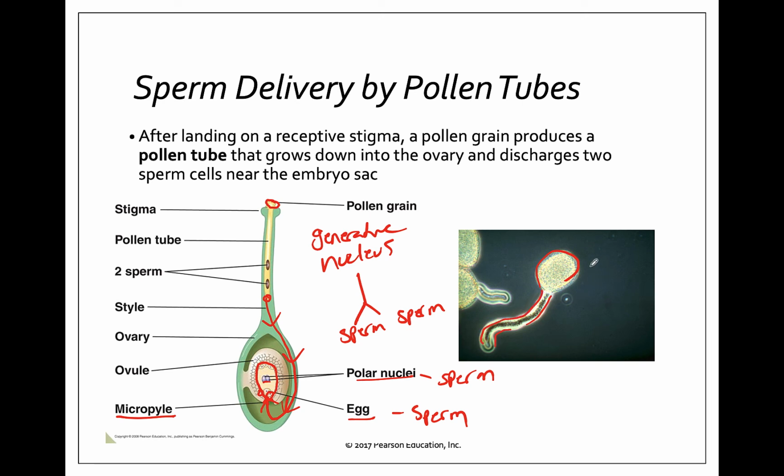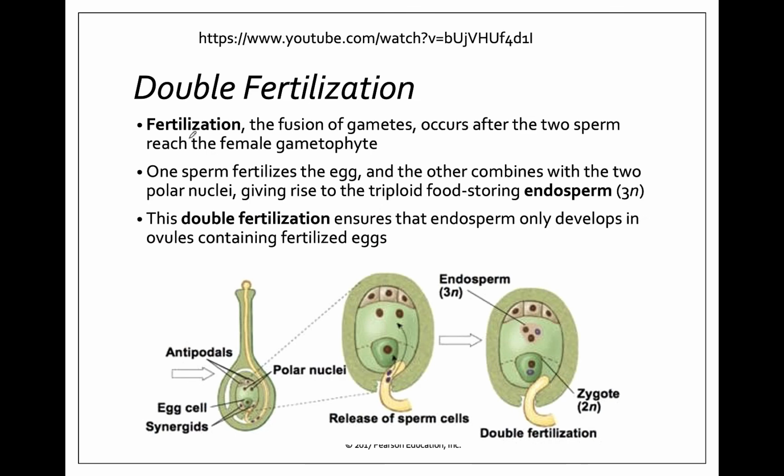All right, plants have a really cool fertilization event called double fertilization because it is going to happen 2 times for every seed. So this is the fusion of gametes. This is egg meets sperm. 1 sperm fertilizes the egg. So that's the first fertilization event.